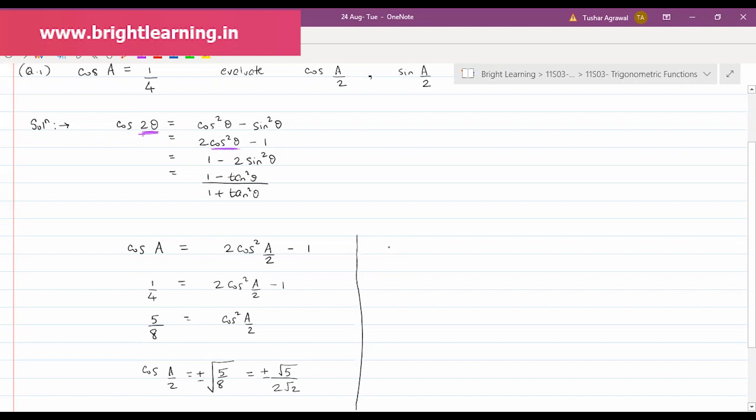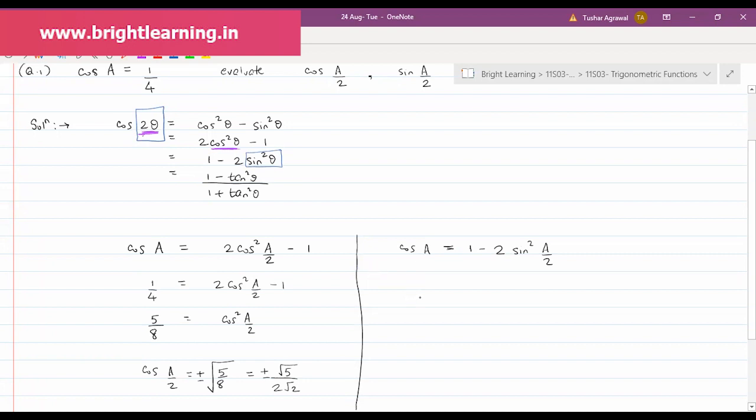Now how to calculate sine of A by 2? A different identity I will use. Cos A is equal to 1 minus 2 times sine square A by 2. Is that clear? This identity I will use, cos of 2 theta and sine of theta, meaning cos of angle and sine of half angle.